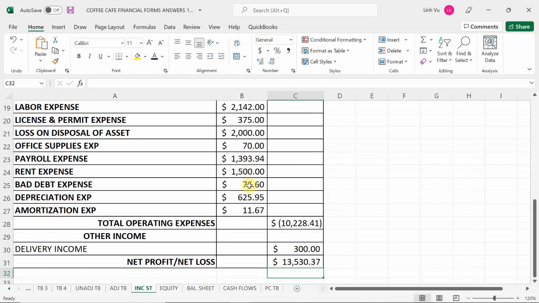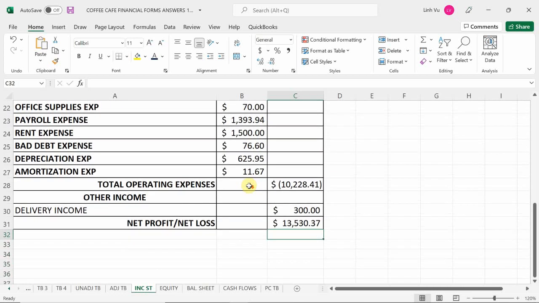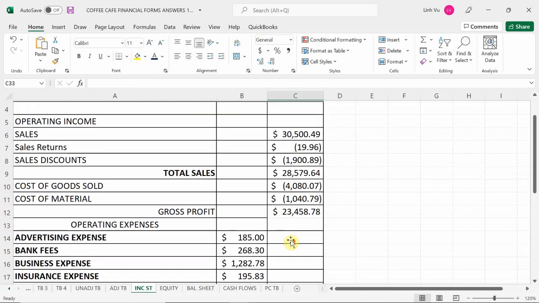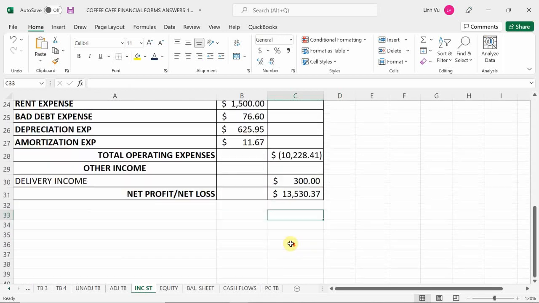Did anybody else get this answer too? Yes. Okay, so 13,530.37 is going to be my total net profit. This number is very important. That is how we complete the income statement.